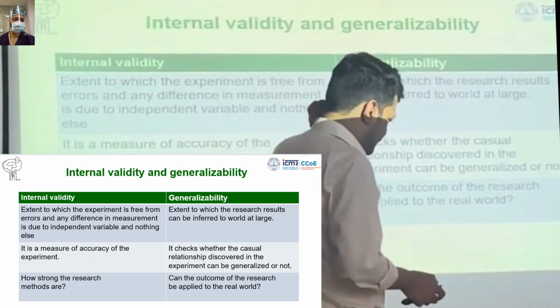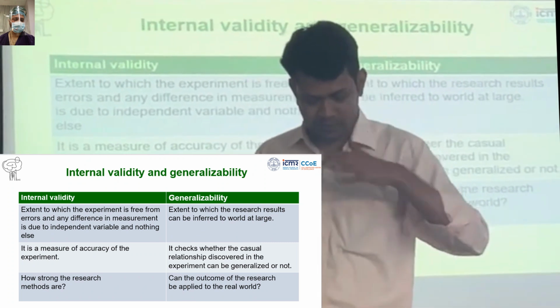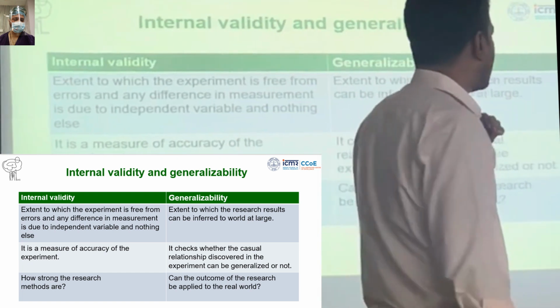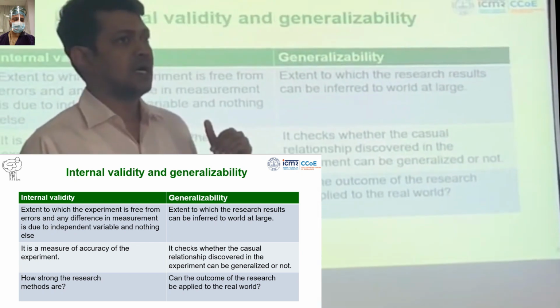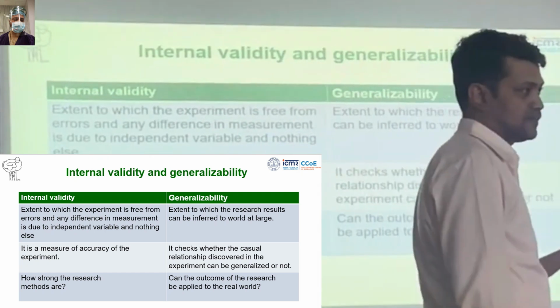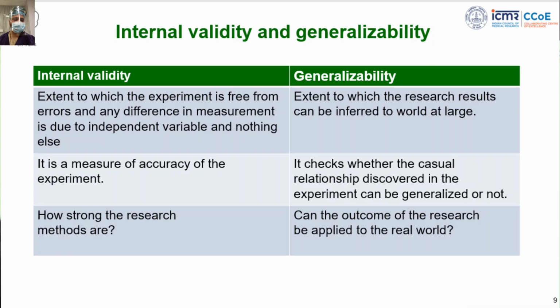In the discussion section, one of the reviewers specifically asked how your finding will be generalizable not only in India but to other low and middle income countries. So when you are initiating any research project, these two things need to be kept in mind: how internal validity will be maintained and how generalizability will be maintained.